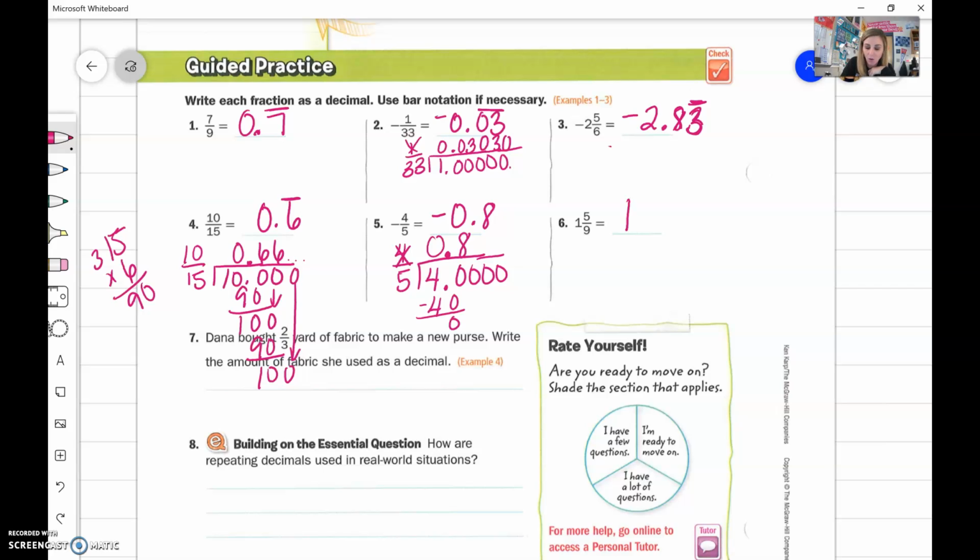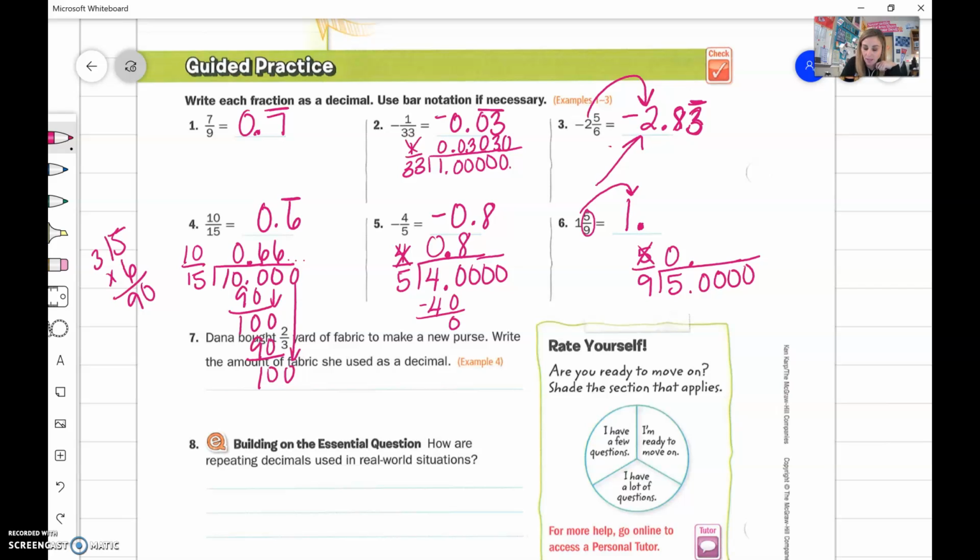Okay, taking a look at 1 and 5/9. So I know that I have a whole number of 1. Remember, it's just like what we did up here. I'm just going to take that whole number, and I'm going to put a decimal point right behind it. Now let's just look at the fraction of 5/9. I'm just going to drop it down, and here we go. If I have 5, can I make a group of 9? Nope. If I have 50, can I make a group of 9?